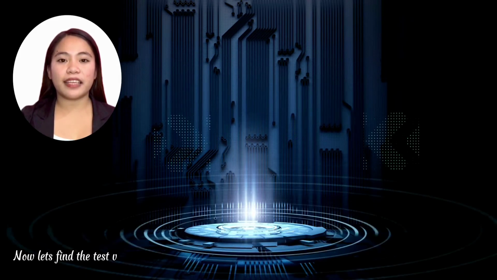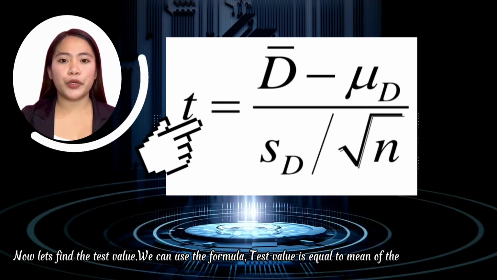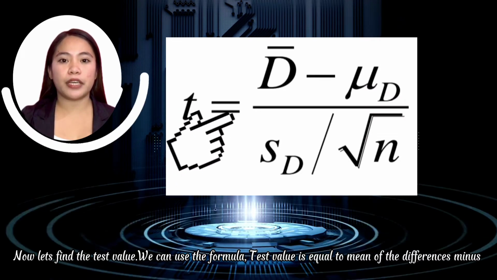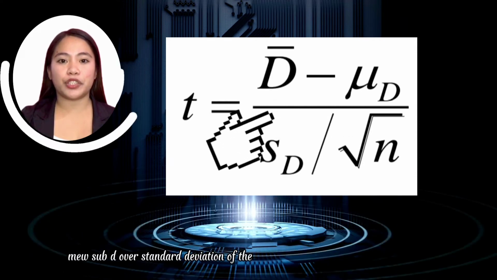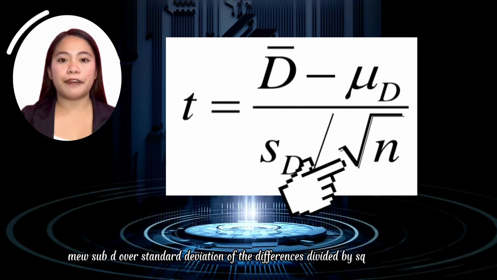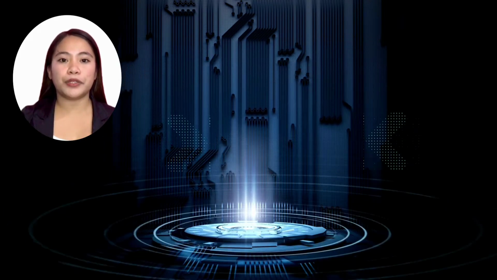Now let's find the test value. We can use the formula. Test value is equal to the mean of differences minus mu sub d over the standard deviation of the differences divided by the square root of n. Now let's substitute the values.